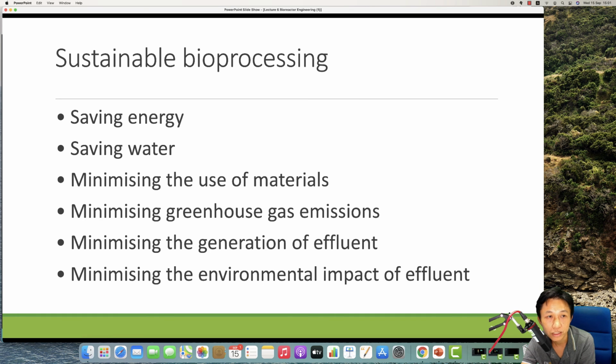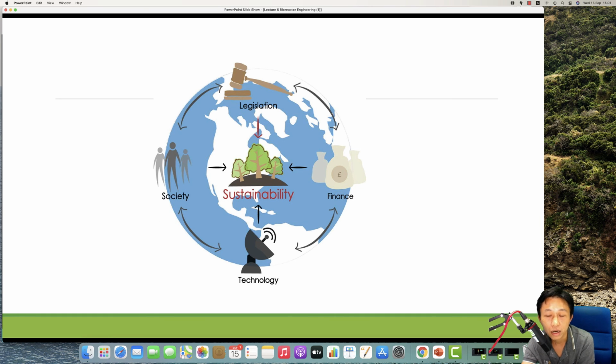For example, this is how we design. In the past, we just wanted to produce something, but for the next generation, we need to consider a sustainable way to make our life stay longer and cause less pollution.